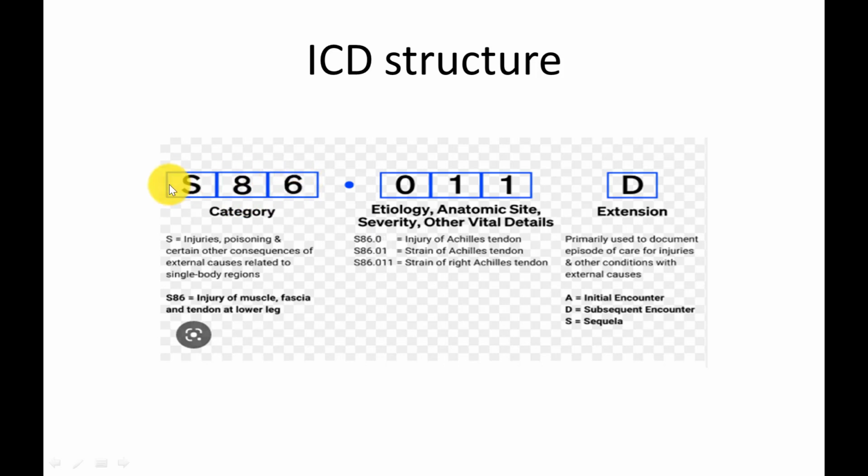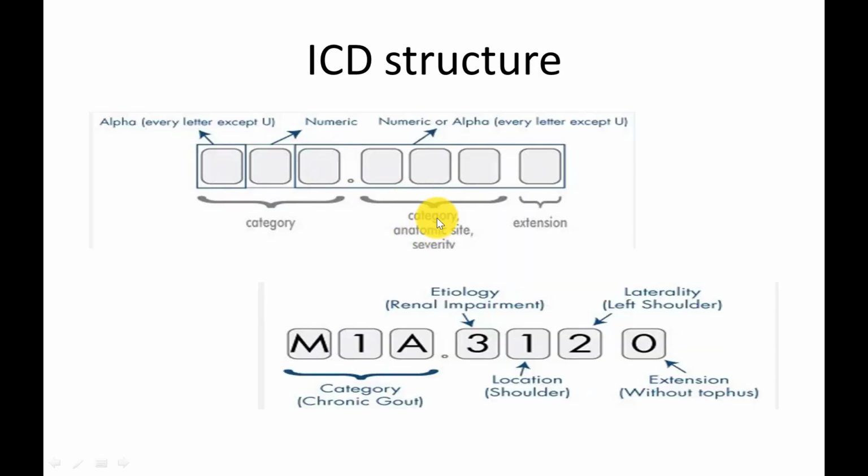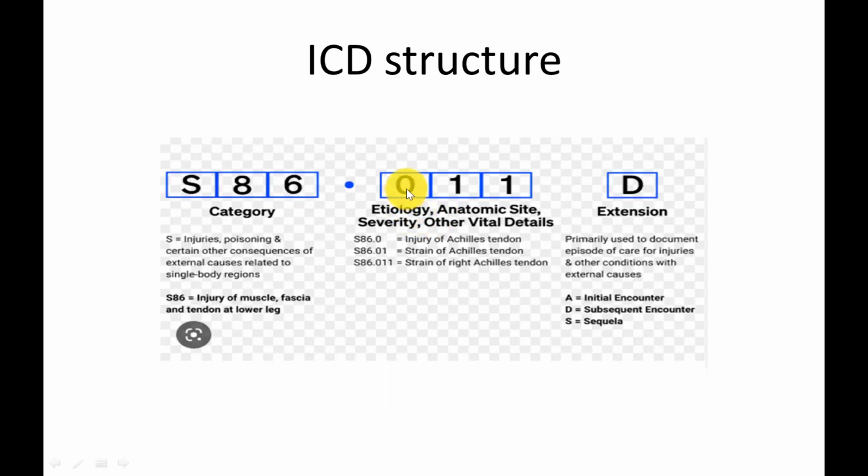When the next part is added, it gives the specificity, for example category, anatomic site, and severity. So 0 is added, showing injury of the Achilles tendon. When it comes to 0 1, it's showing a strain. When it's 0 1 1, it's strain of the right. So additionally, the site is getting added. That is how it works.